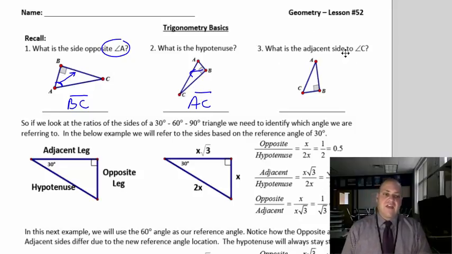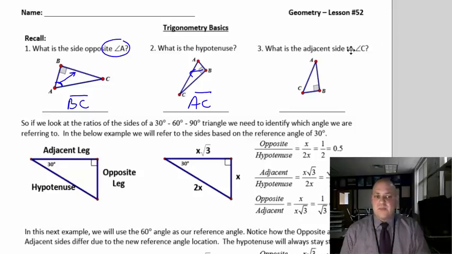And then the adjacent side is like the leftover side, or the side that's next to the angle. Adjacent means next to. So here's angle C. Whatever leg is next to that angle. I'm sorry, it's not AC, because AC is the hypotenuse. So this is my hypotenuse, and this is my opposite right here.